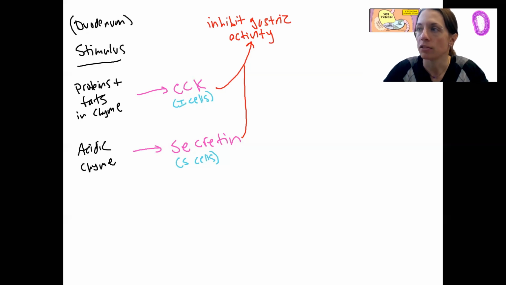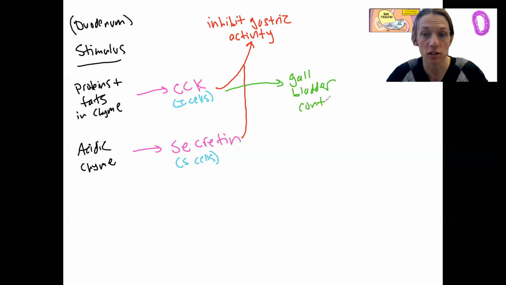We also have a stimulation of activities that are going to promote digestion in the small intestine. Does that make sense why we want to do that? I hope so. What do we need to have happen in the small intestine? A lot. One thing we have is gallbladder contractions.